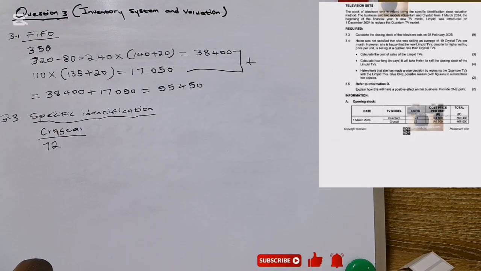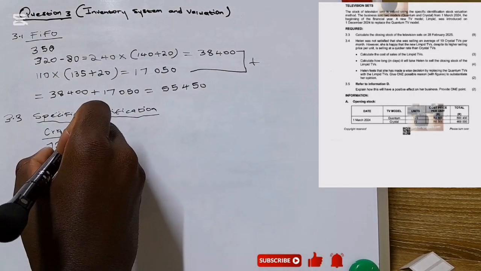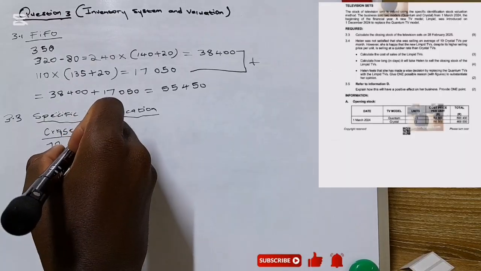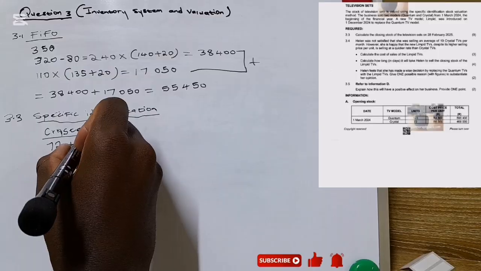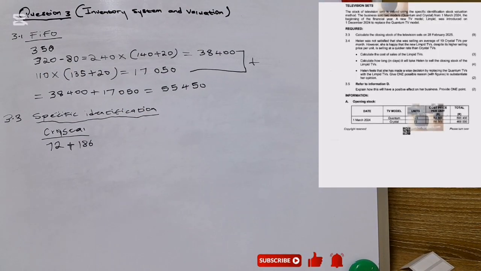Then we go to information number B, which is purchases. Now we are focusing on Crystal. We purchased how many units? We purchased 186. Remember, with purchases we are adding stock into our business, so you say plus 186. Then we go to information number C, which is for sales, for the financial year ended 28th February.